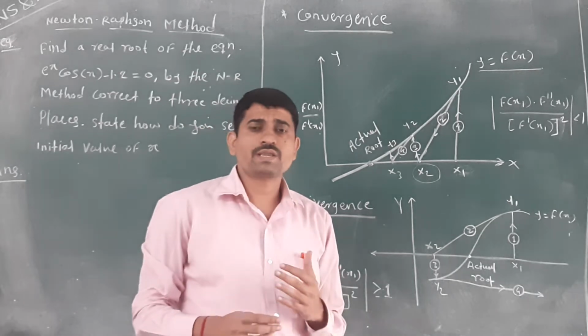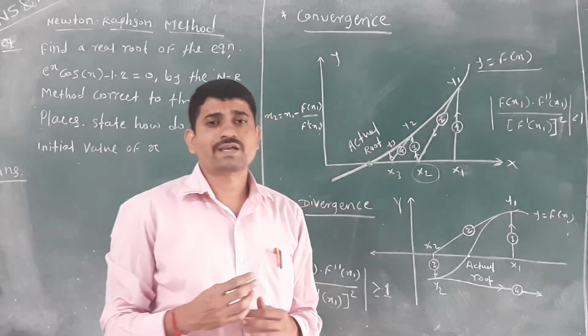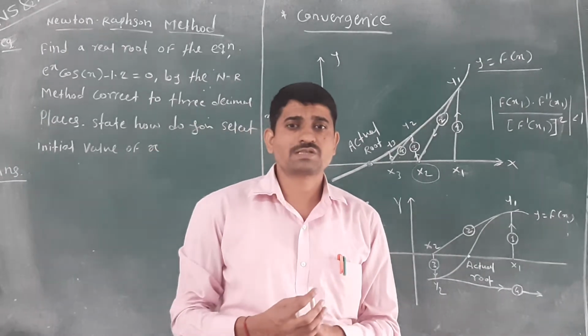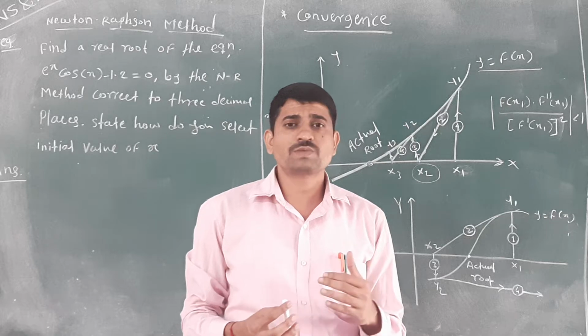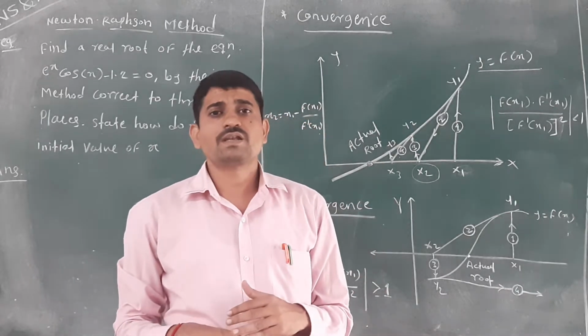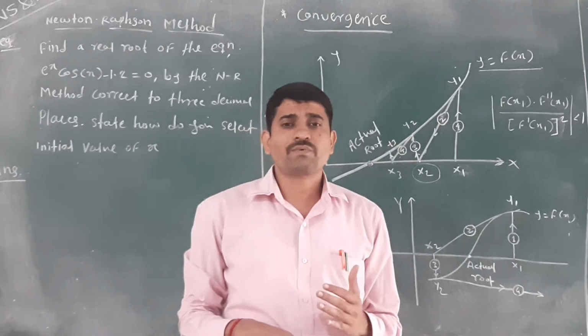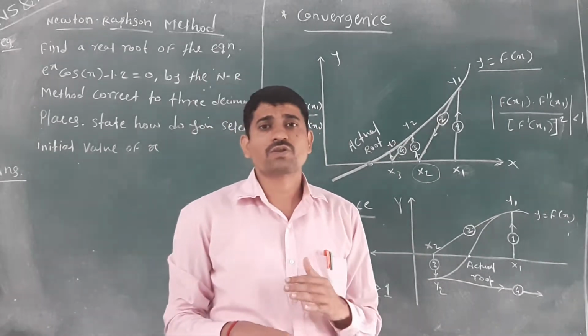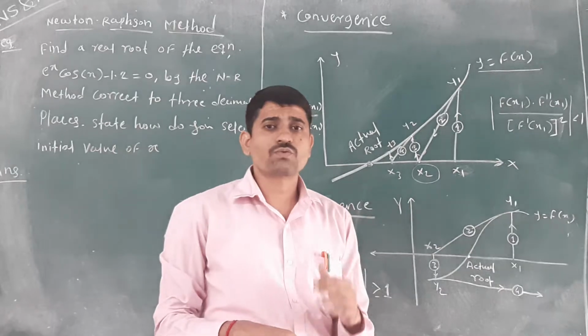If you are not given the initial guess, then you have to assume the initial guess. Once you have assumed it, you have to check whether the initial guess is right or wrong. How to check that?